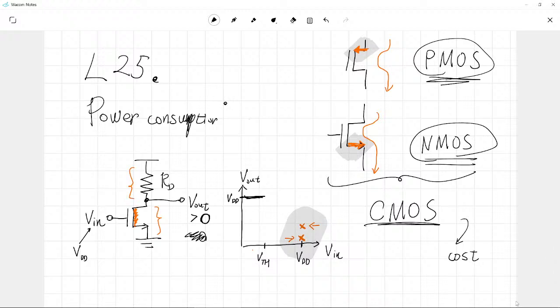In this case, now from the viewpoint of VDD, there will be certain current conduction. So now we can expect there really exists the power consumption.